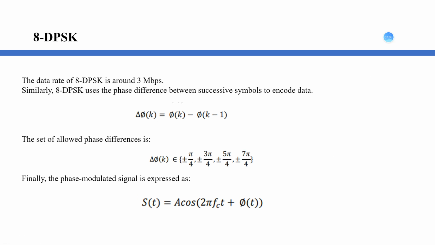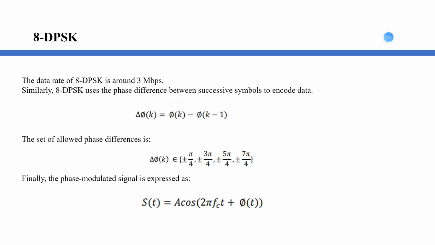8DPSK is another differential modulation technique used in Bluetooth enhanced data rate and achieves a higher data rate of 3 Mbps. Similarly to pi/4 DQPSK, 8DPSK uses the phase difference between successive symbols to encode data. The set of allowed phase differences is expressed as this equation.